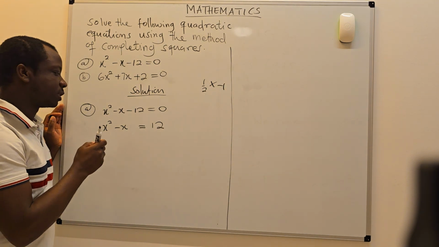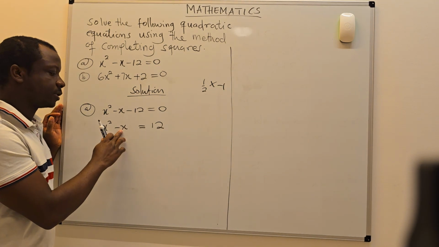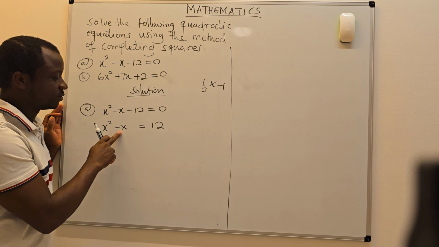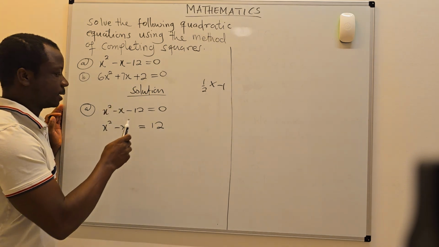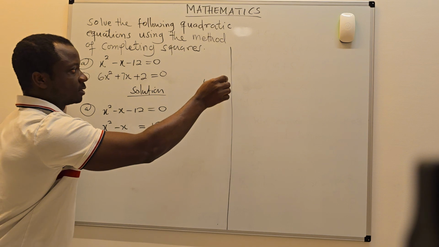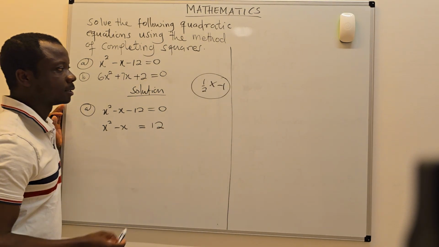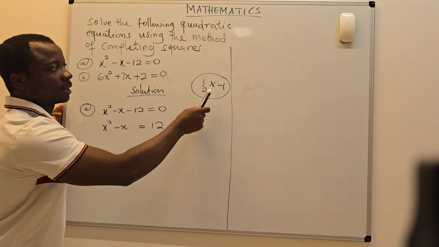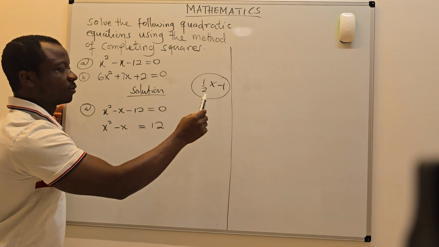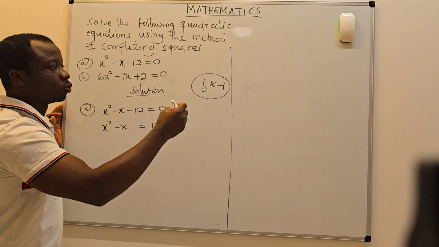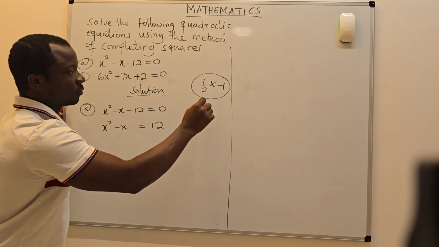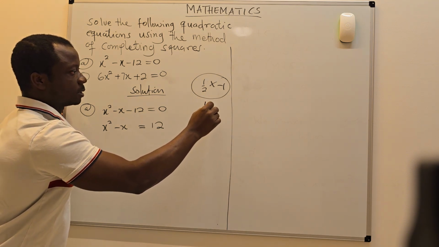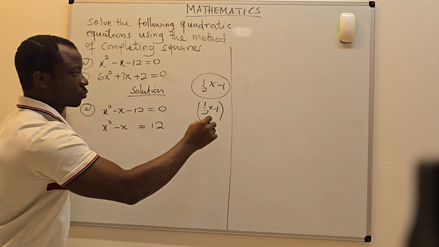Remember, the number attached to this x is negative 1. Whatever we get, we are also going to square the answer. So we are going to have 1 over 2 times negative 1, all squared.